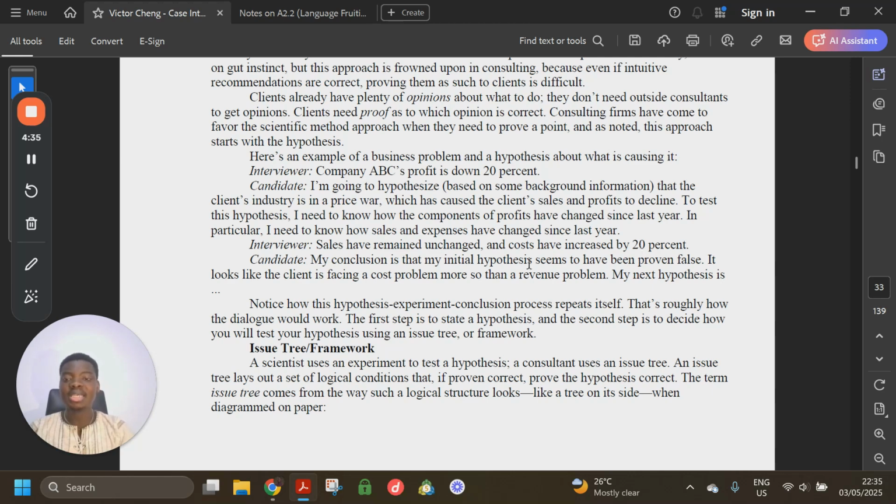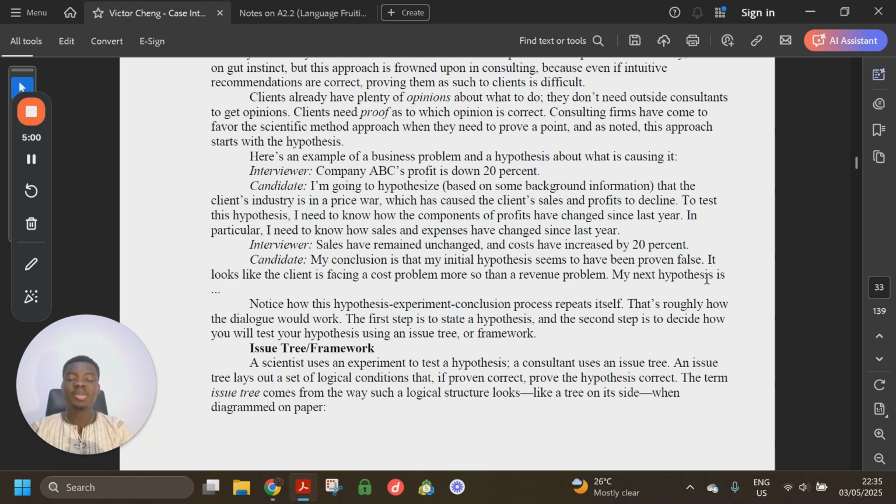And then the candidate says, my conclusion is that my initial hypothesis seems to have been proven false. It looks like the client is facing a cost problem more so than a revenue problem. My next hypothesis is, and then he goes on to say something else that he believes, based on what he has now found out from the interviewer, would be the reason why company ABC's profit is down 20%.